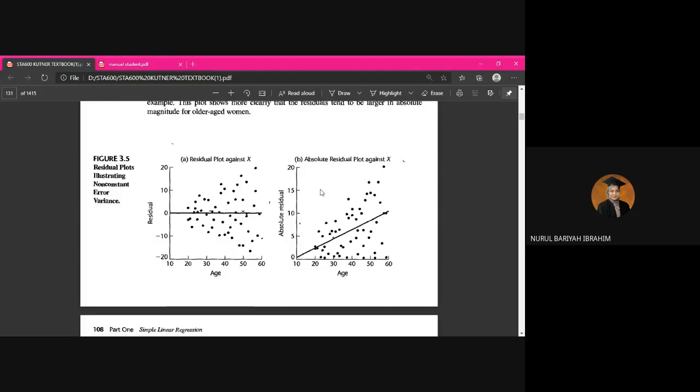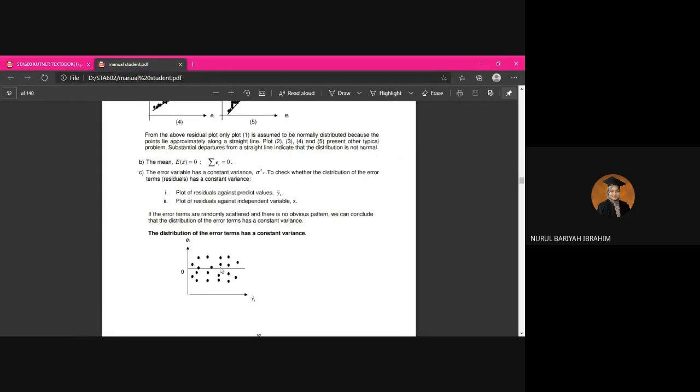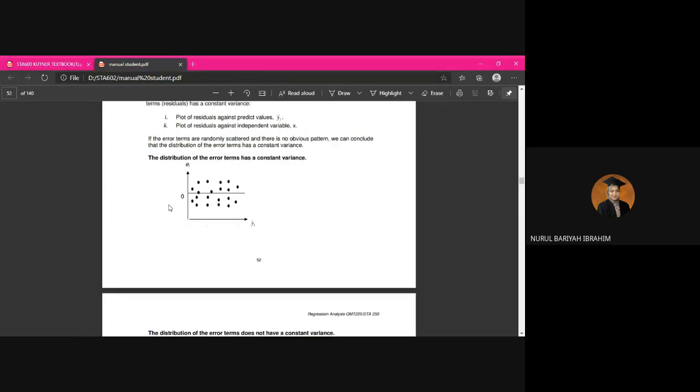we can say that the residual have the constant variance. If like this, there is an increasing pattern here, also called a megaphone, we can say that the residual do not have constant variance, also called heteroscedasticity. This is an example of non-constant variance. This is the example of the constant variance plot of residual versus fitted.